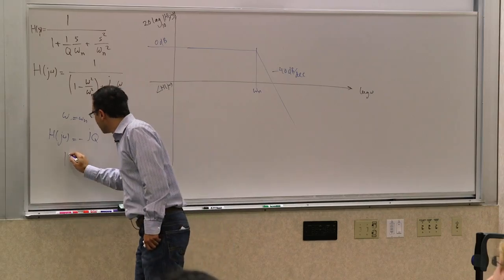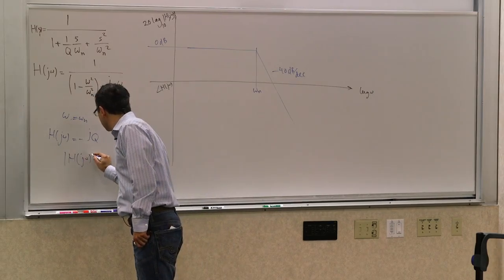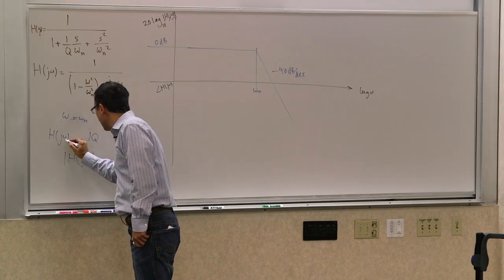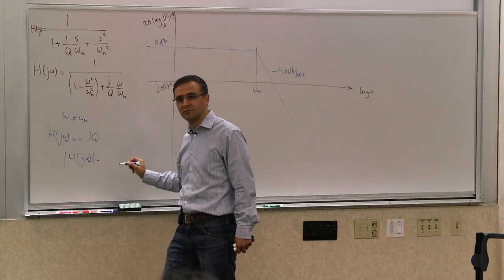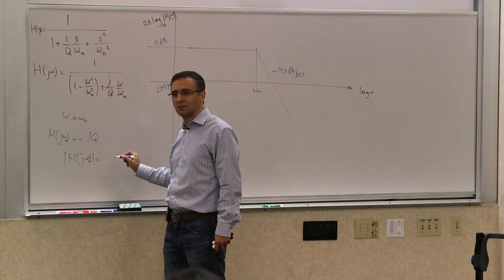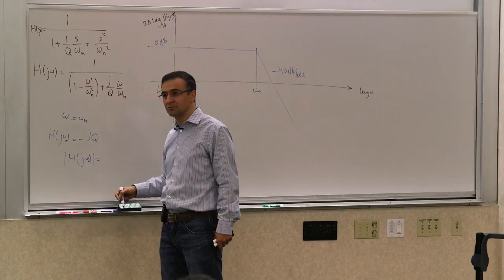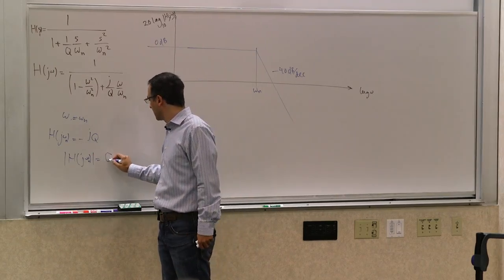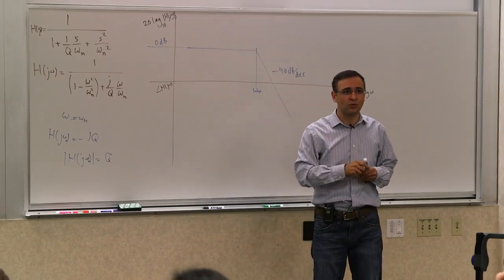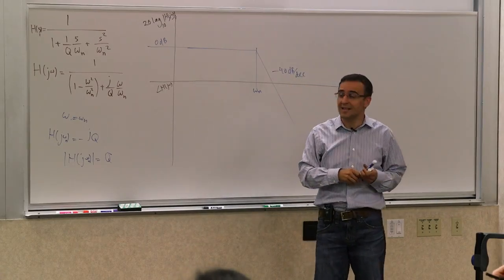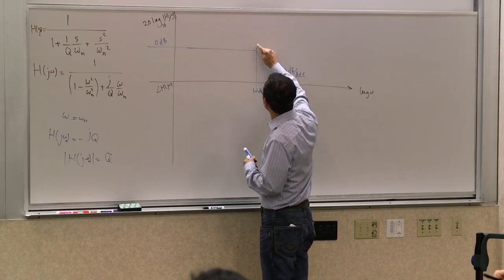And what is the magnitude of negative jQ at that frequency, which is omega n? The magnitude is not 1, it's Q. So if you have a quality factor of 10, let's say, at this point it's up here.